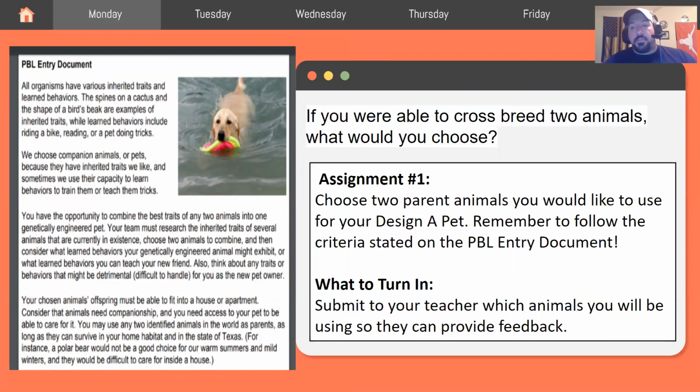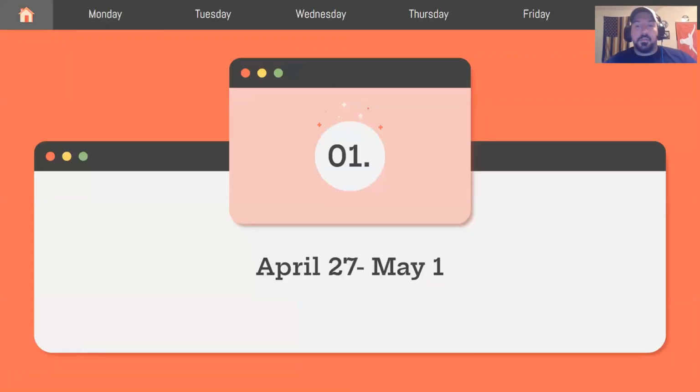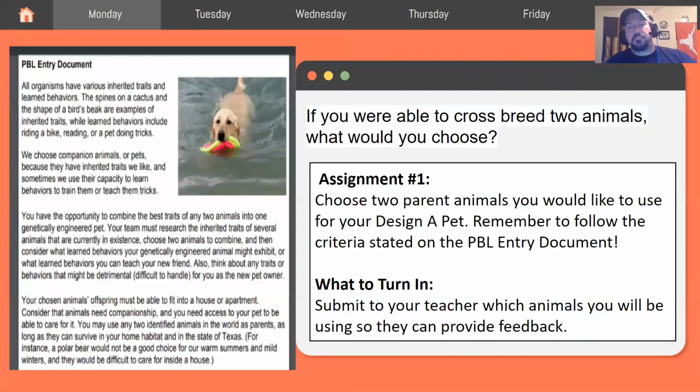What you should turn in by the end of week 1, so that was May 1st, is submit to your teacher which animals you will be using so they can provide feedback. So again, just because you submit 2 animals doesn't mean you're going to be given the thumbs up.